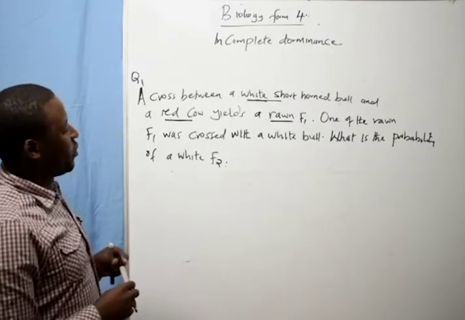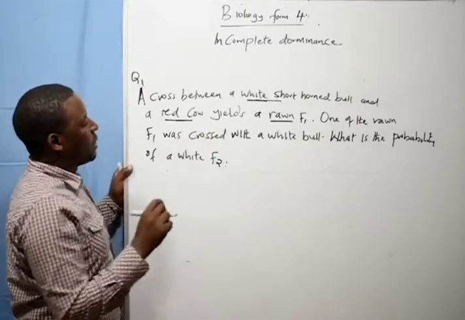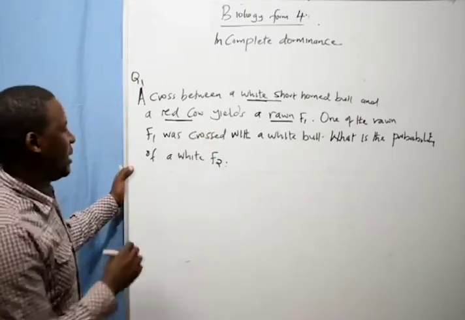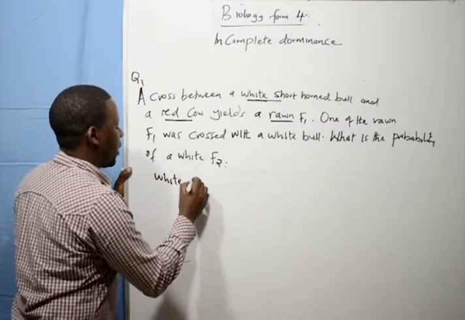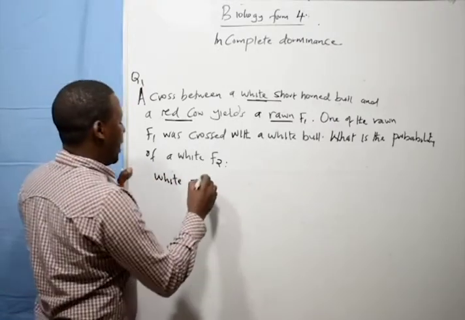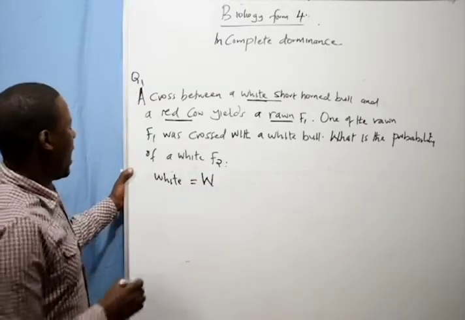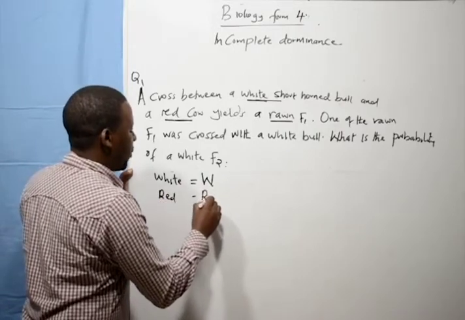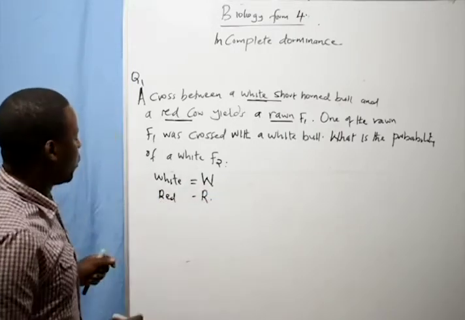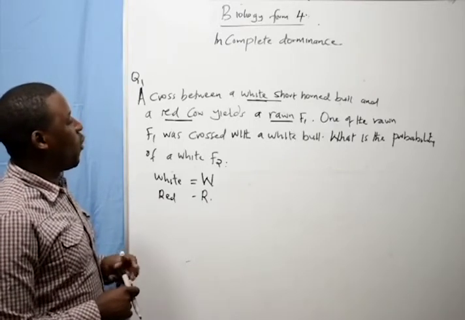None is recessive. Therefore, the genes will be given two different capital letters. For example, the gene for white, let us give it a capital W, and the gene for red, capital R. That shows none of the two genes is dominant over the other.